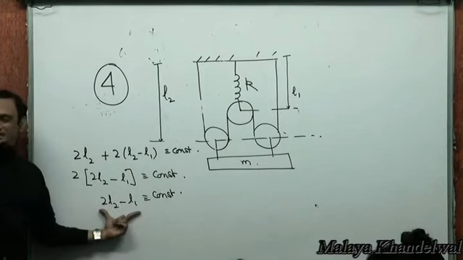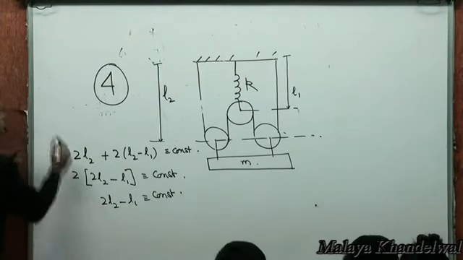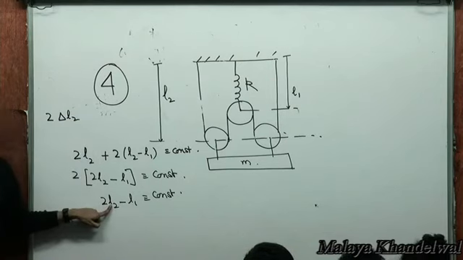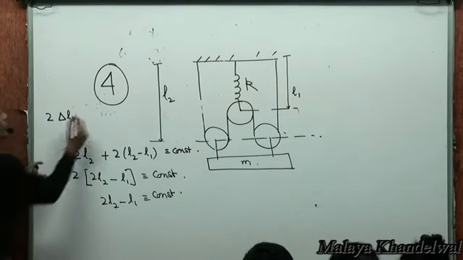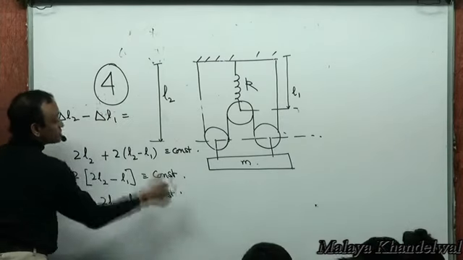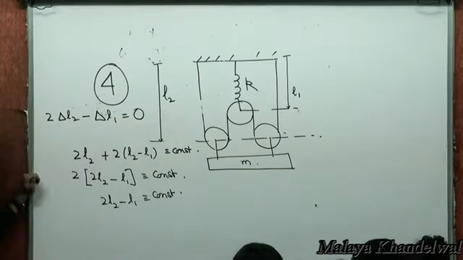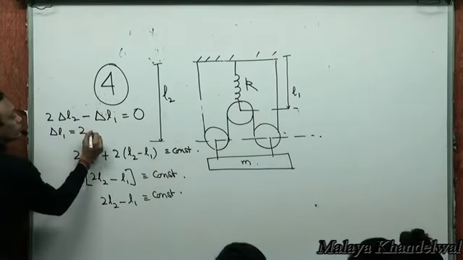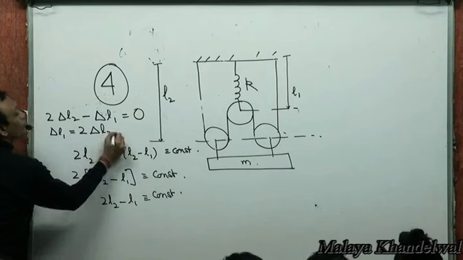That means change in this is 0. Change in this means what? Twice delta L2. Change in L2 is delta L2 minus change in L1, which is delta L1. That must be change in this constant, which is 0. So delta L1 must be twice delta L2. Yes or no?